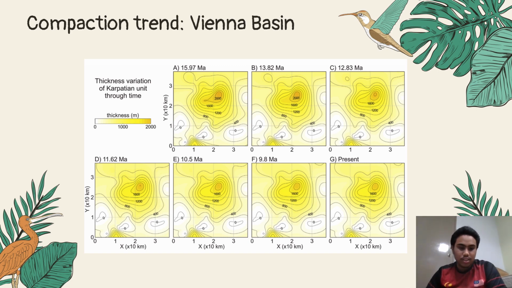It continues to be compacted until 9.8 million years ago, when it is 1,600 meters, and until the present there is only a bigger size of land as the thickness variation occurs.